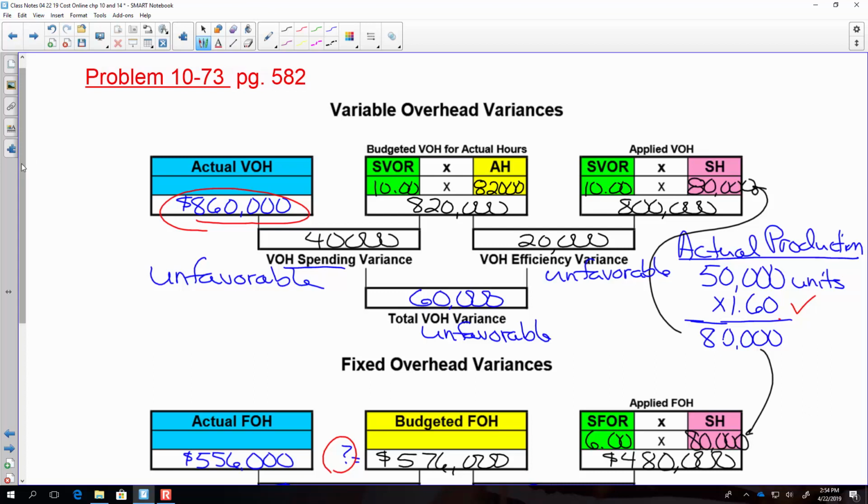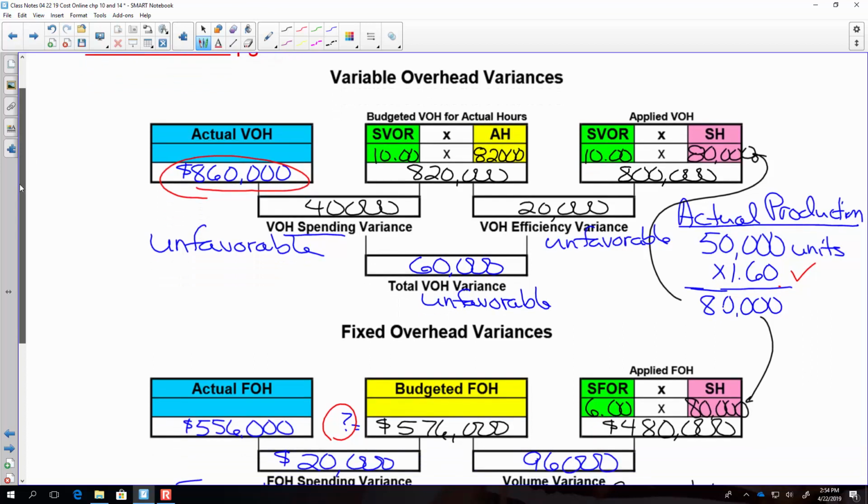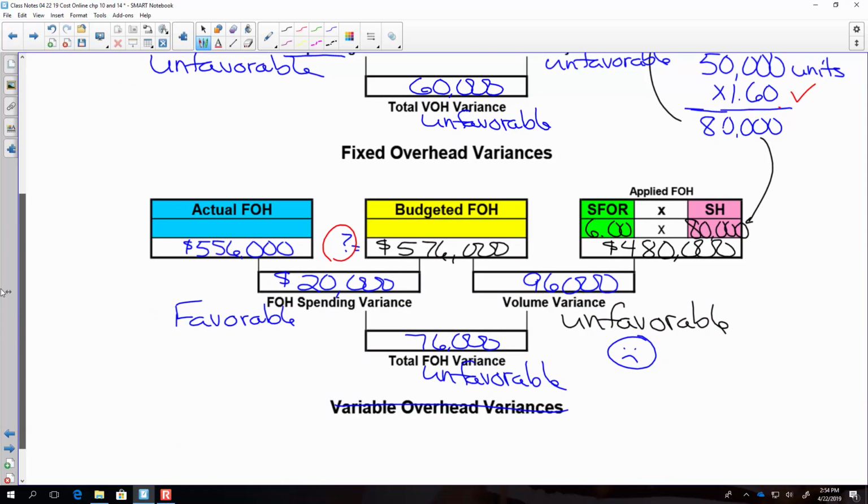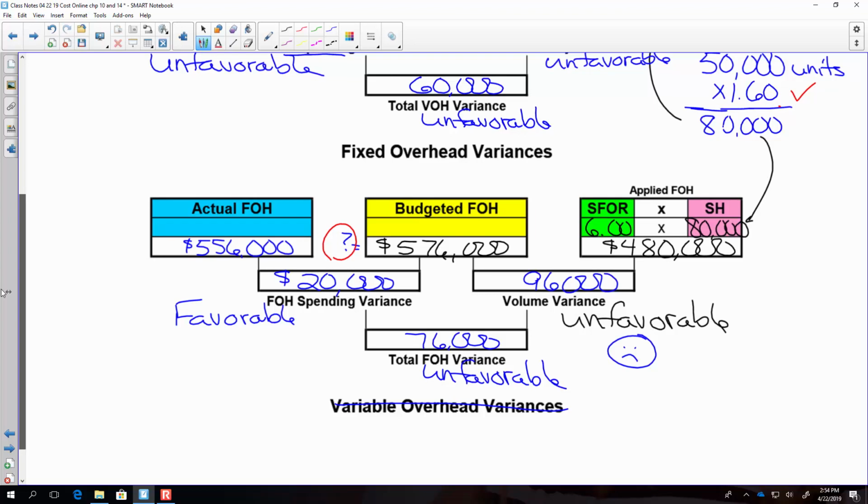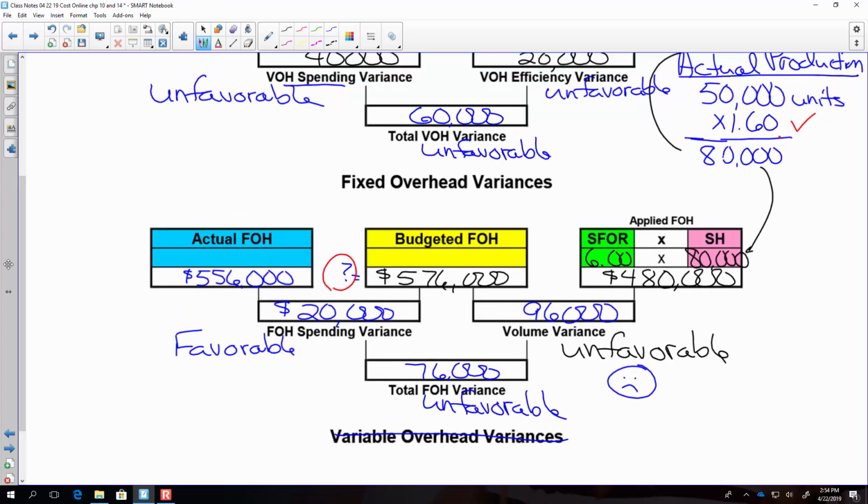Again, I tried to list how or where I got the numbers. Let's just look at the computations here. I got a budget number of 576 for the fixed overhead. I'm just reading the problem at this point. They only gave us the actual numbers.